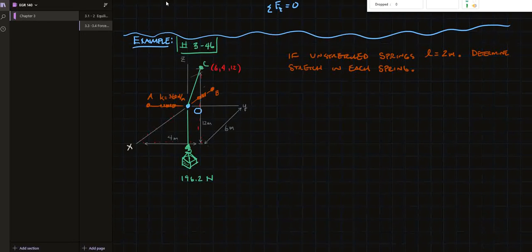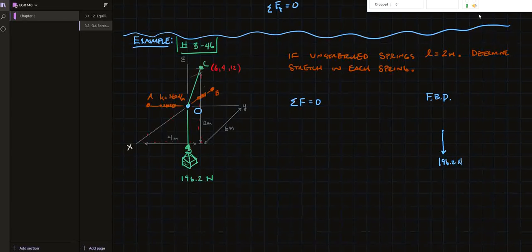Okay, well, we can take our same approach here and just get started. This is what we ought to do in any problem: sum forces equals 0, and let's just find the forces that we can find here. So with a free body diagram, I'm going to have a force down of 196.2 newtons.